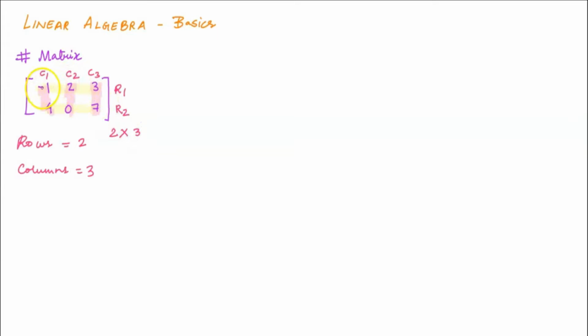Now if we count the number of elements, it is 6, and whenever we solve this order we get 6. So from this example we can conclude that if there are m rows in a matrix and n columns in a matrix, then we will have mn elements.